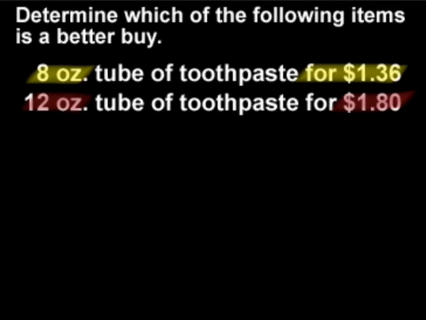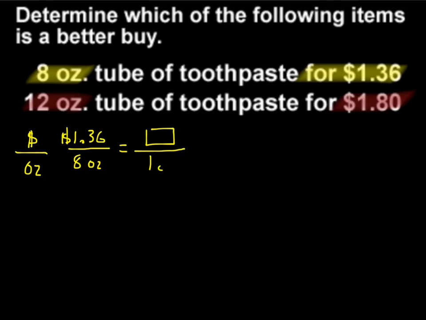It'll be money over ounces. So it's $1.36 for the yellow one over 8 ounces. So it's $1.36 equal to what over 1 ounce?